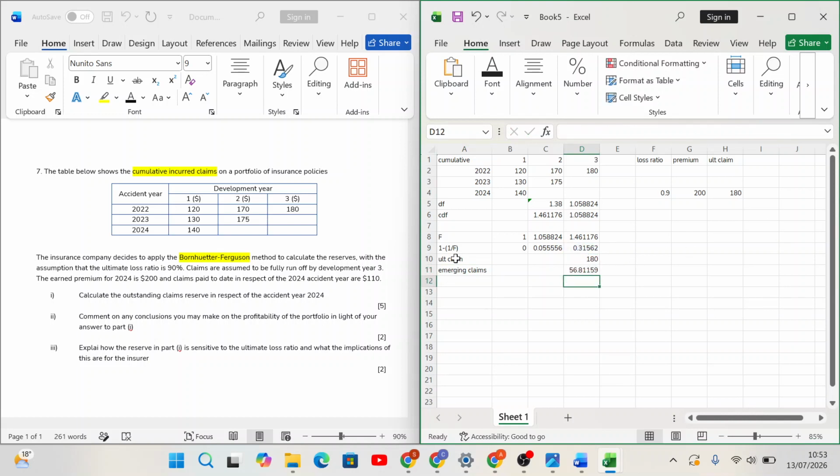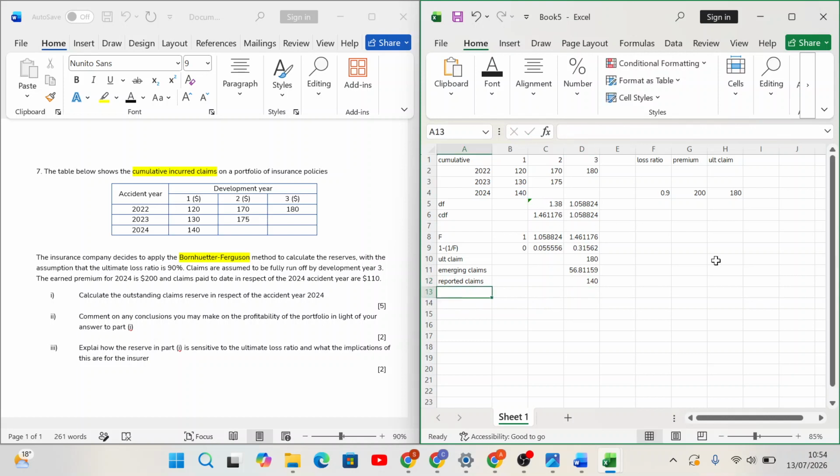Those are emerging claims. And in this table here, for the year 2024, we already have the reported claims, which is 140.